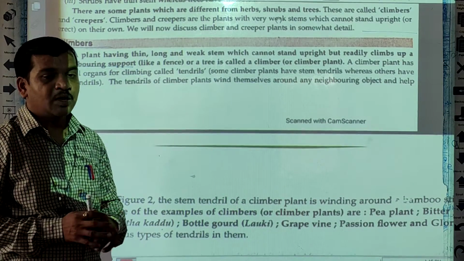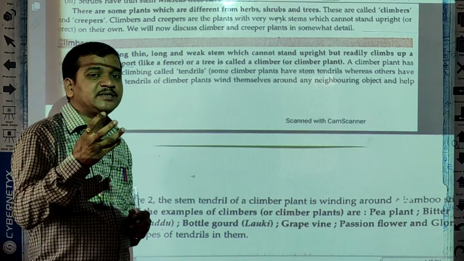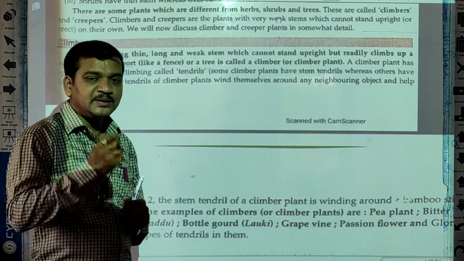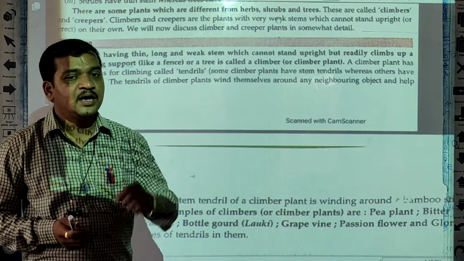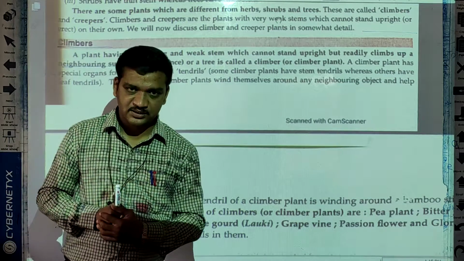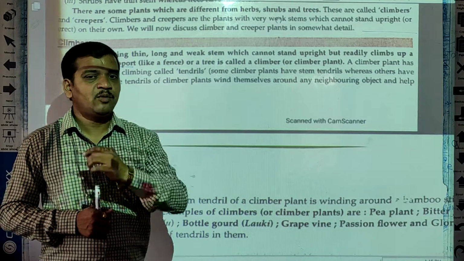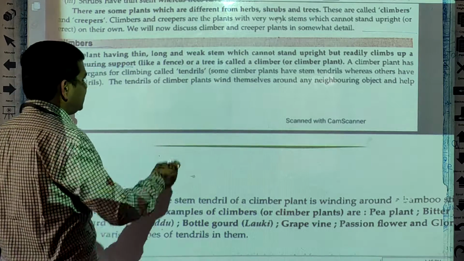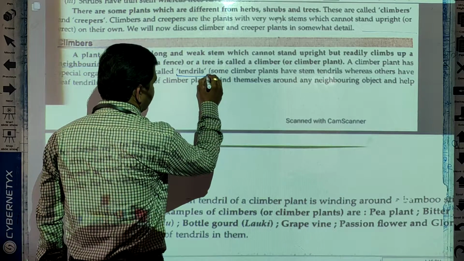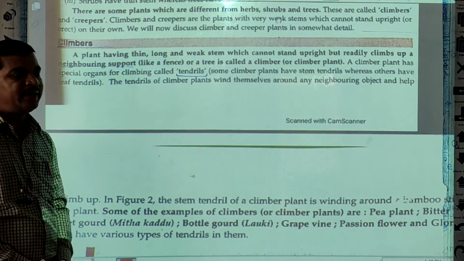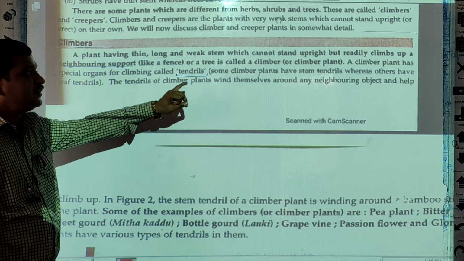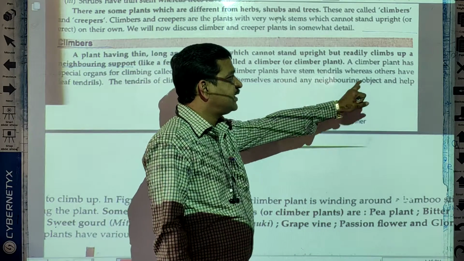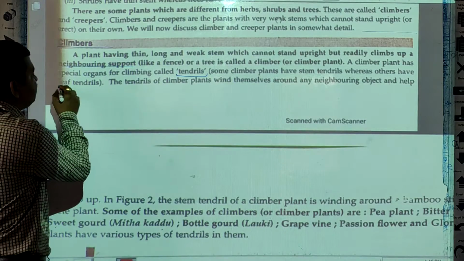But to hold the neighboring object, this plant has a special type of organ, and the name of that organ is tendril. You can highlight the word. Some climber plants have stem tendrils, whereas others have leaf tendrils.